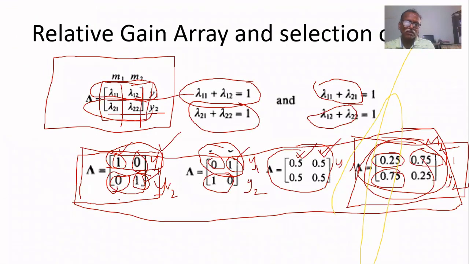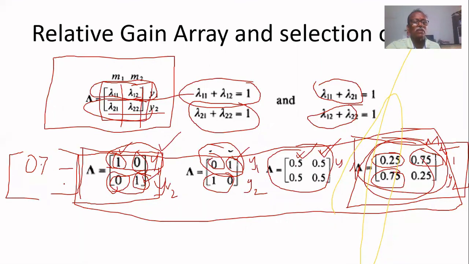In the array, if you add row-wise, you will get 1. If you add column-wise, you will get 1. Therefore, if you know any two diagonal elements, suppose you know this is 0.7, you didn't do the experiment for the other. Again, for this you did the experiment and got 0.3.